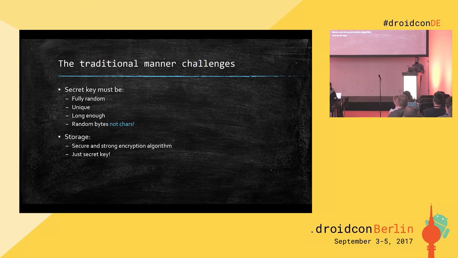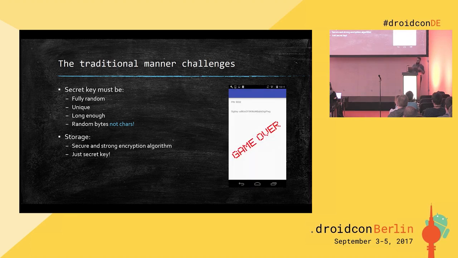If you use random characters, not random bytes, which I already faced in one of our projects, definitely the PIN code will be 4 or maximum 8 digits. So it's not really hard to brute force that, especially when you attack some encrypted data locally. So an attacker just needs to cycle the possible PIN codes and see the result.